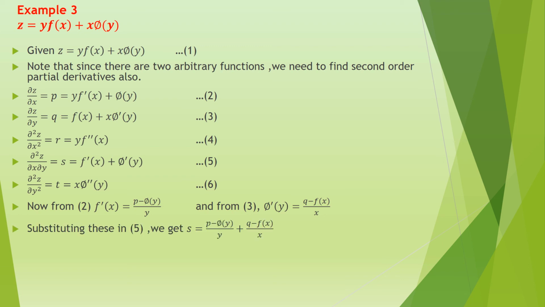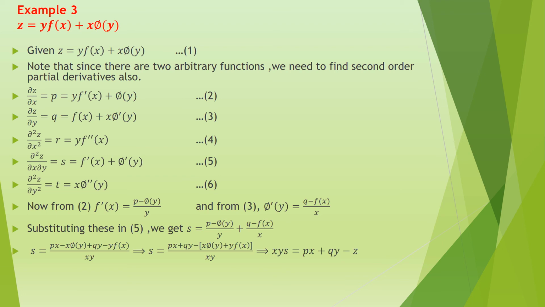So s equal to f dash of x is this, plus phi dash of y is this. Let us simplify by cross multiplying, that is p minus phi of y into x plus q minus f of x into y divided by xy. What happens?